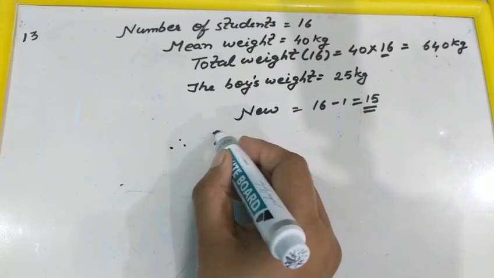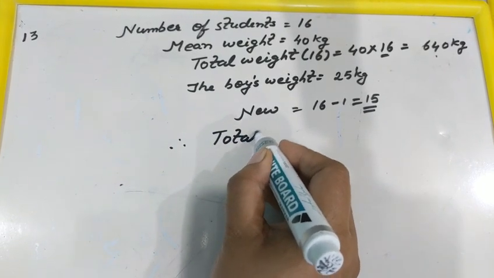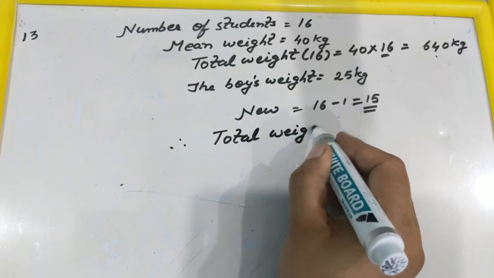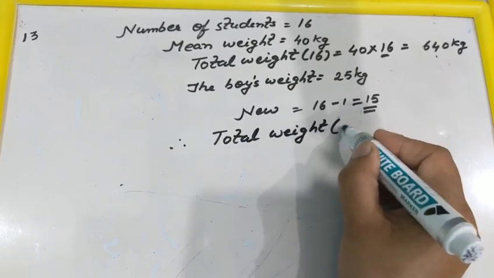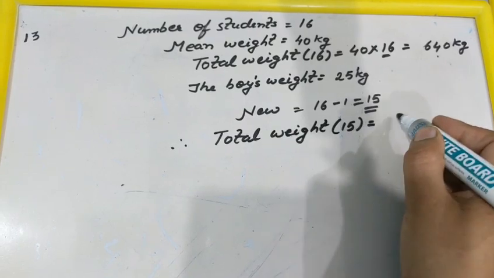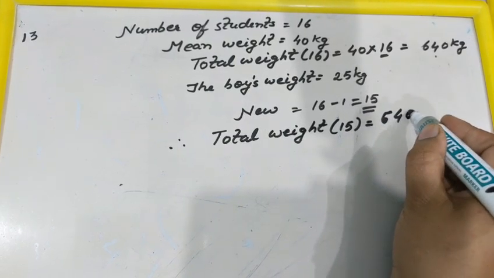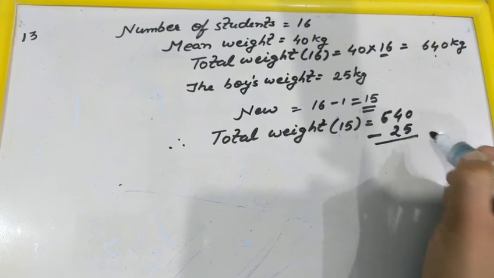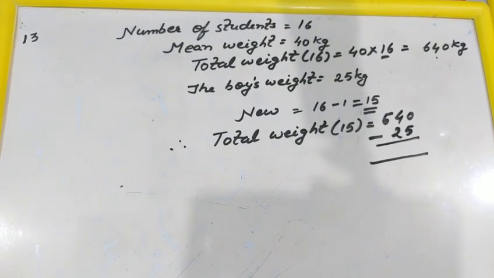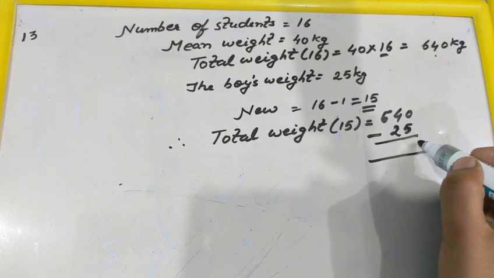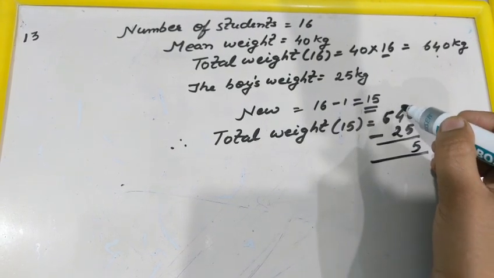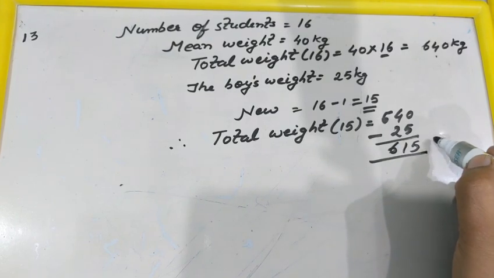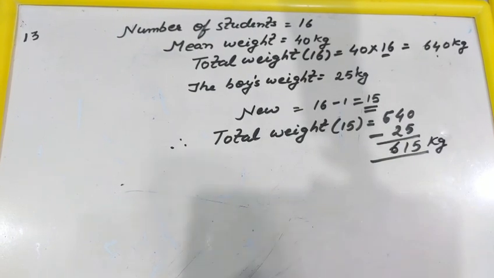Therefore, the total weight of 15 students equals 640 minus 25 kg, because that boy who left the class is of 25 kg. So let us subtract: 5, 3 minus 2, 1 and 6, equals 615 kg.